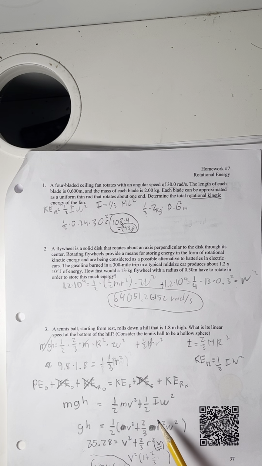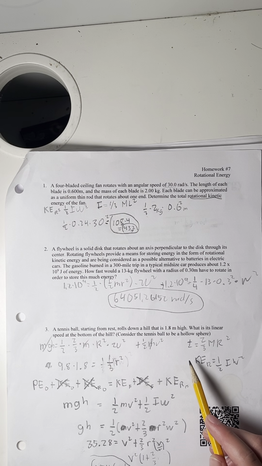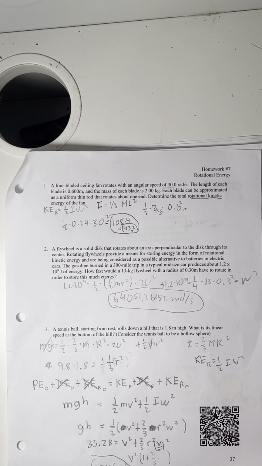And we just so happen to know that I equals 2/3 ml squared, so you factor 1/2 out, and it's 2/3 ml squared. You can realize that the problem at the beginning didn't ask us for the mass, because we don't need it. If you factor the masses out, they simply cancel out. So it's just gh equals 1/2 times v squared plus 2/3 r squared omega squared.